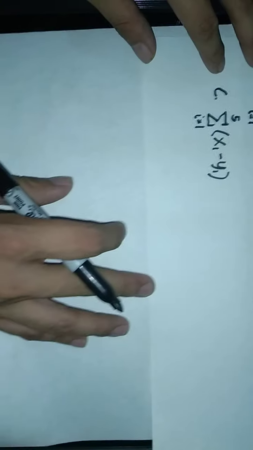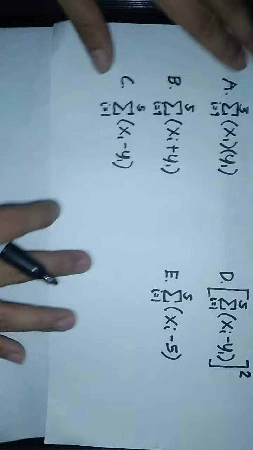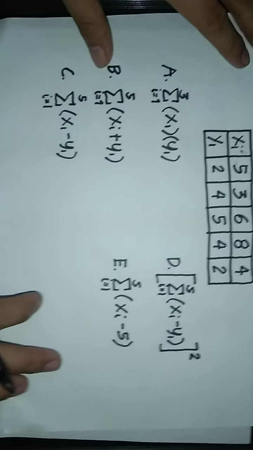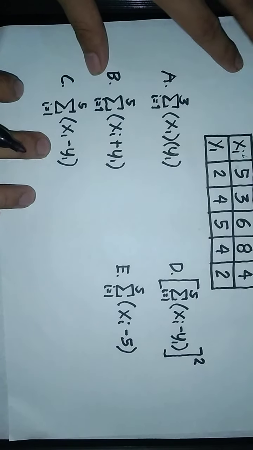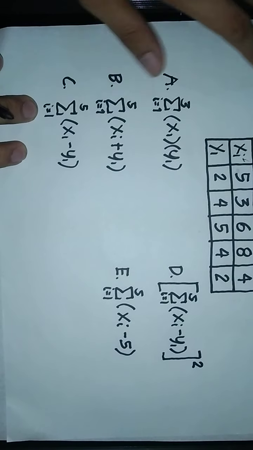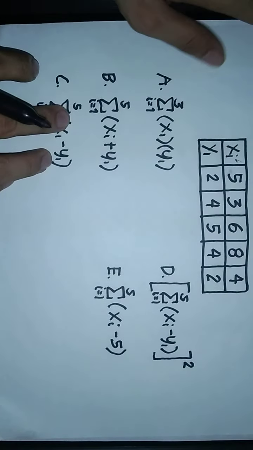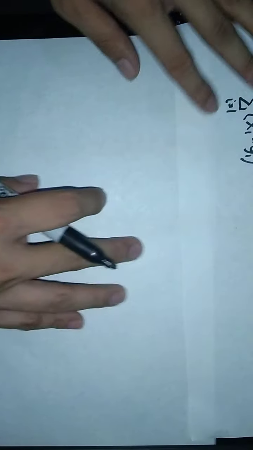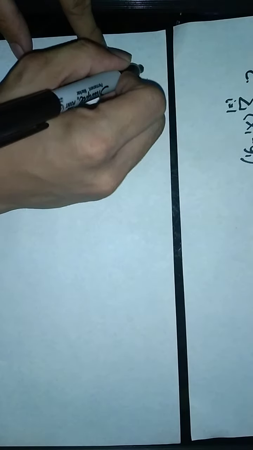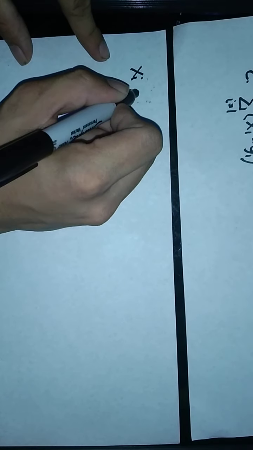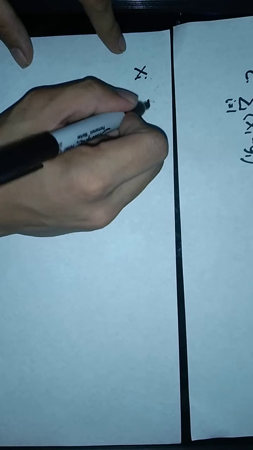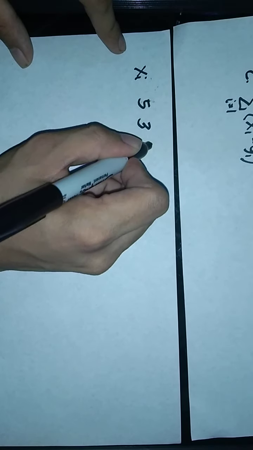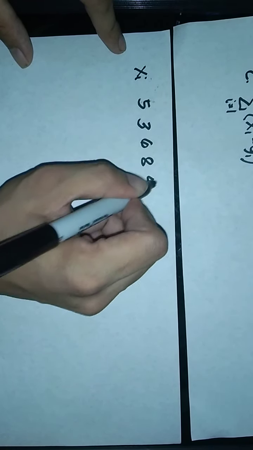Okay. Letter C, we are asked what is the summation of x sub I minus y sub I, where I is equal to 1 and then to 5. So, akin lang ulit i-write ang table. Now that we have x sub I natin, that is 5, 3, 6, 8, and 4.